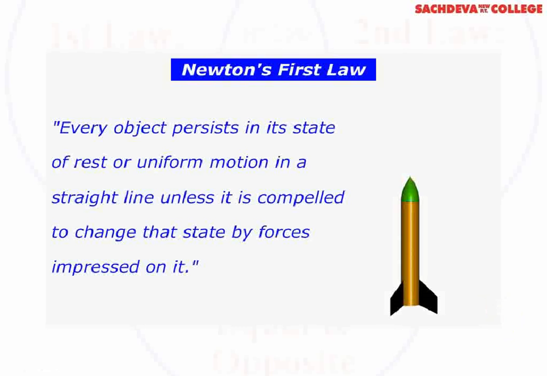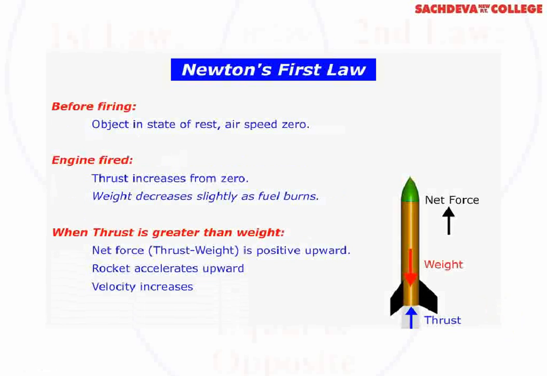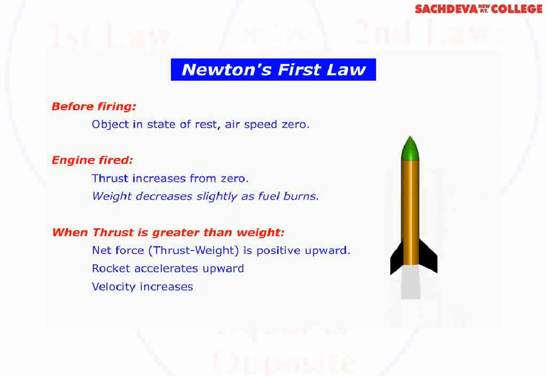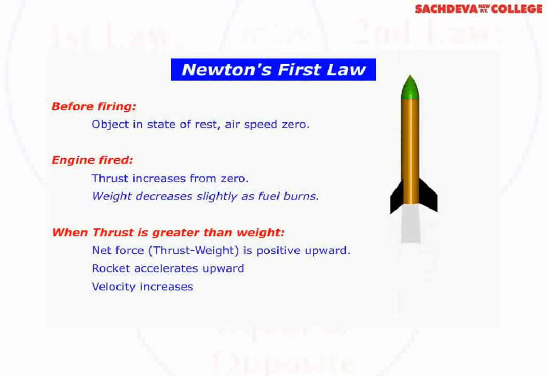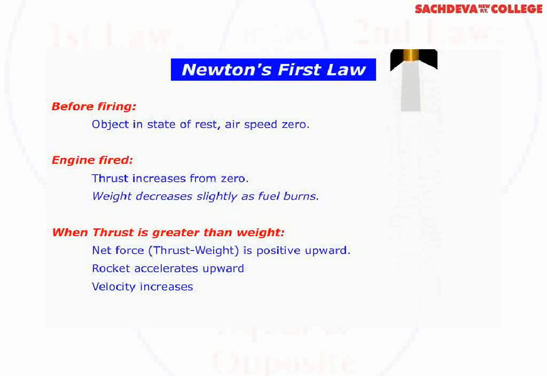At the moment, the rocket is in the state of rest. Now the rocket is moving, fuel is coming down, force is applied upward, or up thrust is acting, so the rocket is moving from the state of rest to motion by the impressed force, and this impressed force is due to the fuel. So the rocket will work when the force is applied or impressed on it.